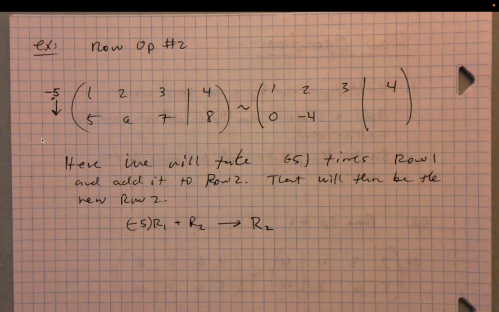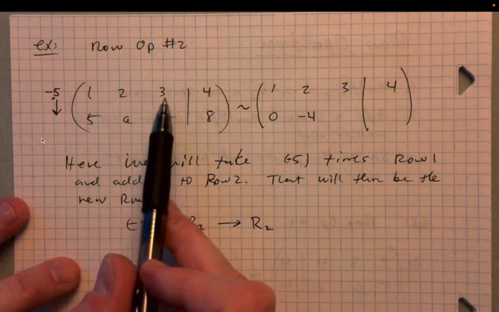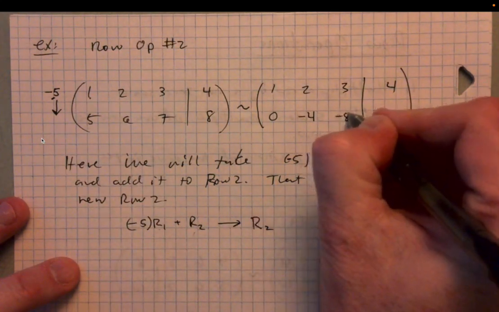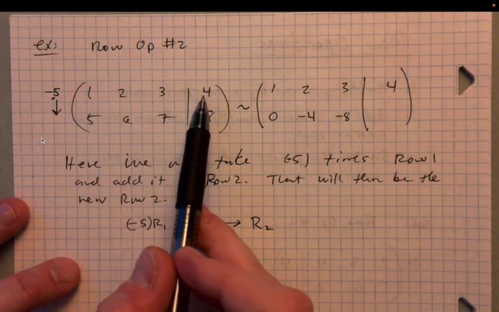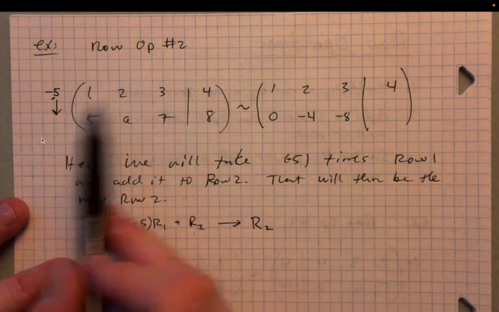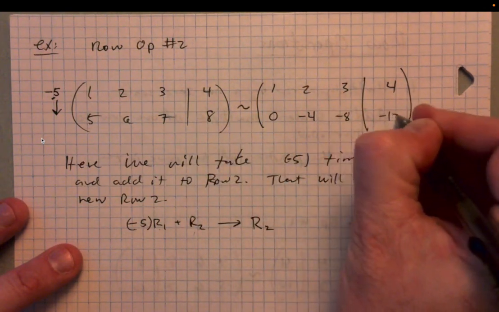Then -5 times 3 is -15, plus 7 is -8. And then -5 times 4 is -20, plus 8 is -12.